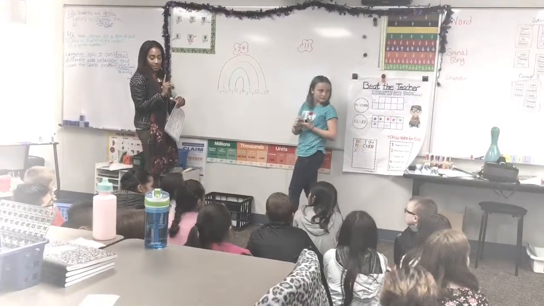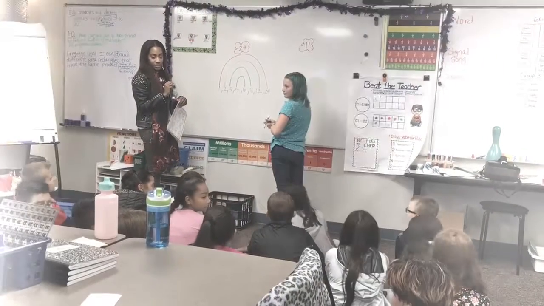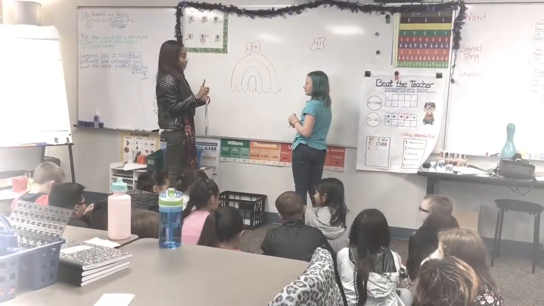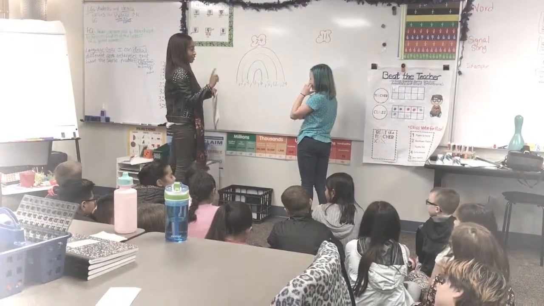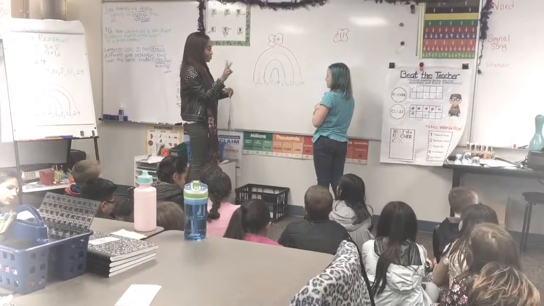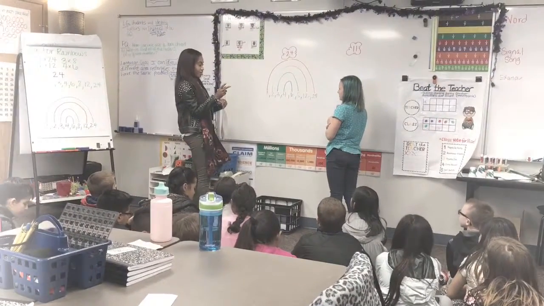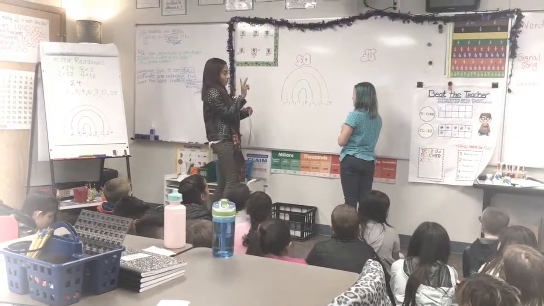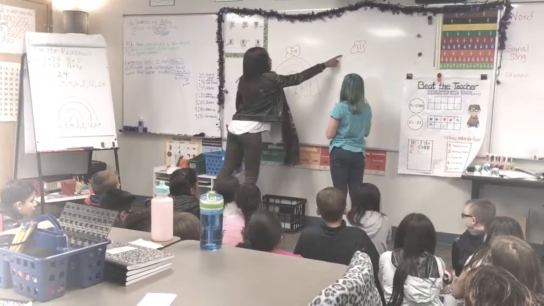So the first step is to list them in number order. If it's a prime number and it's one and itself, there are only two factors. So one and itself, and we're doing 11.